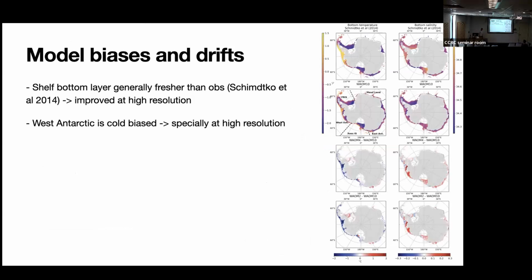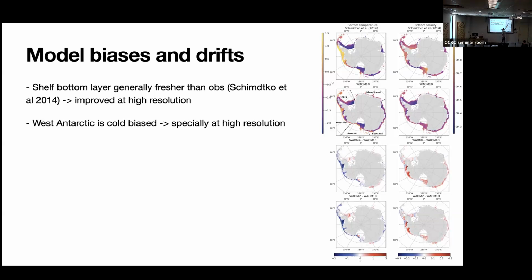All right, before I present the water mass transformation results, I'm going to briefly go through some model biases and drifts. So here you have the bottom temperature on the left and bottom salinity on the right for our 3 different models, 10, 4, and 2 kilometers. And on top you have the Schmidtko et al. data set with the bottom temperature and salinity. What you can see is that the 10 kilometer model has some biases in salinity.